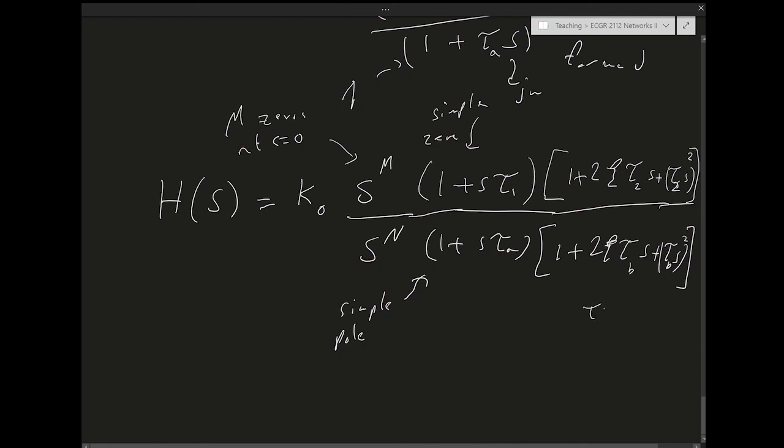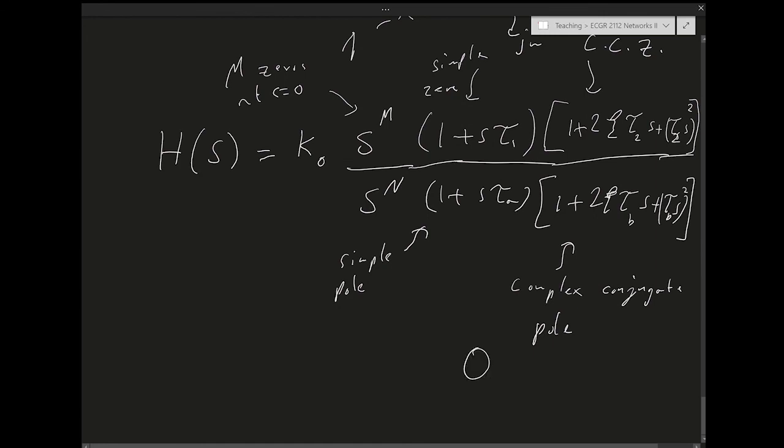And tau typically is 1 over omega naught. So this is called a complex conjugate pole, and this is a complex conjugate zero, right?